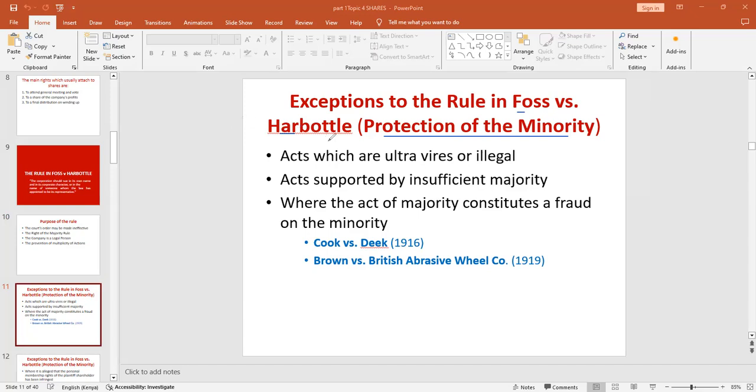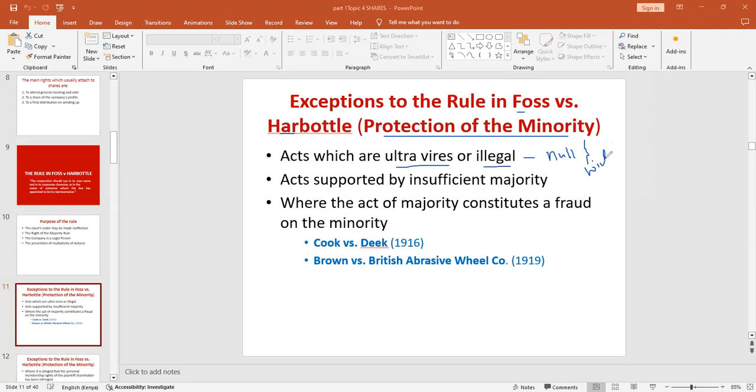For example, if whatever they've acted on is ultra vires or illegal, if the majority vote for something beyond the powers of the company or something illegal, then a minority shareholder can point that out, and that decision is going to be nullified. It is going to be null and void.